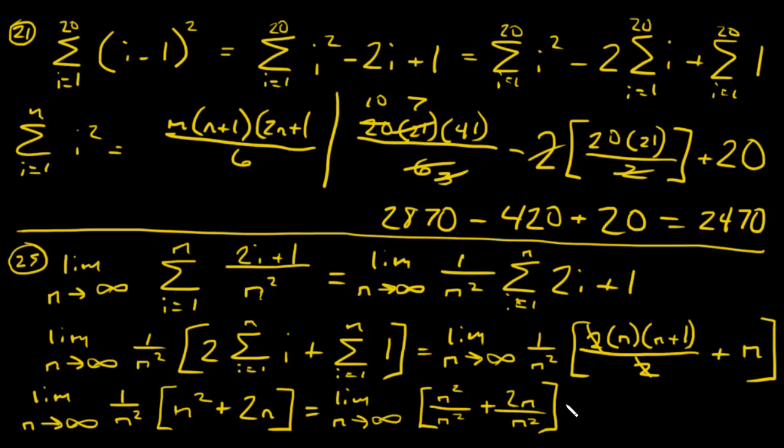Whew, we're almost there. That's going to be the limit as n goes to infinity of, that's a 1. This becomes 2 over n. If I now apply the limit, this term goes to 0, and I'm left with 1. That is my answer. That is the actual limit as n goes to infinity of this summation.